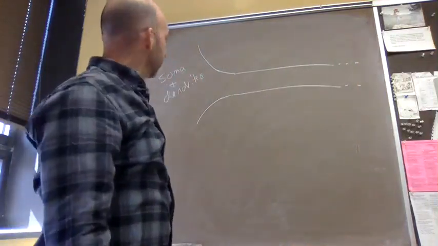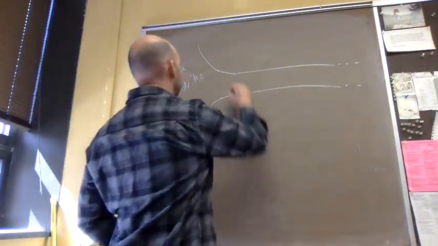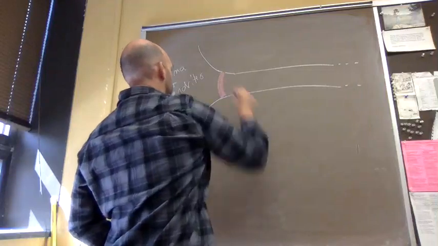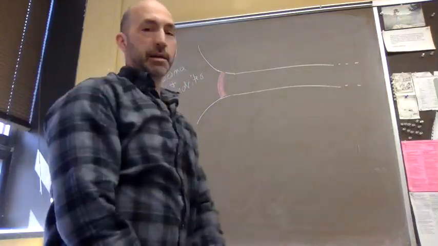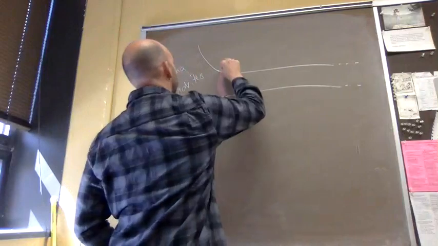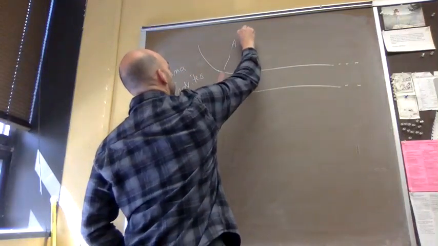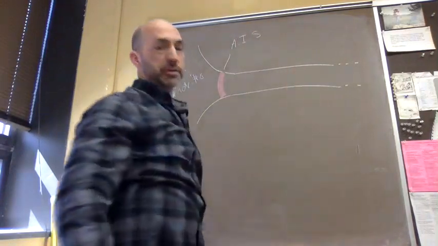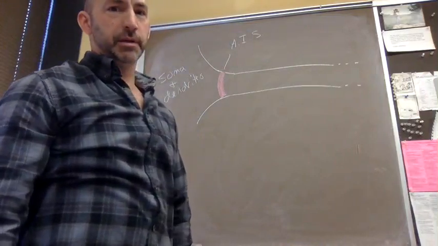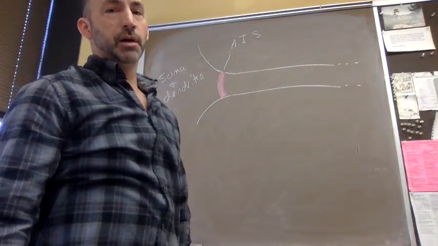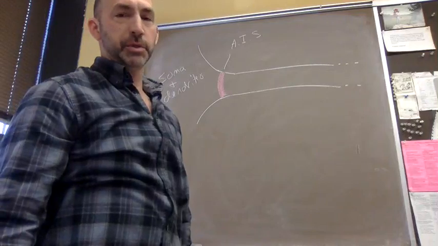We won't focus on that. If I highlight this region, the very beginning of the axon is the axon initial segment. Label that. Axon initial segment.